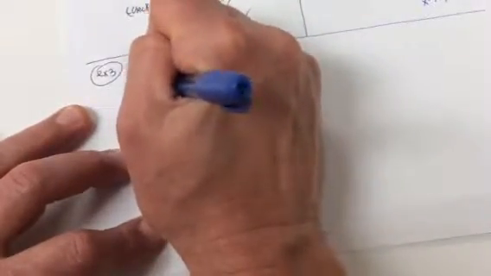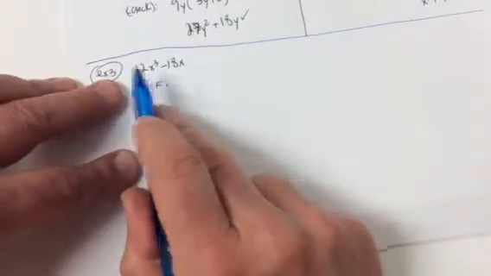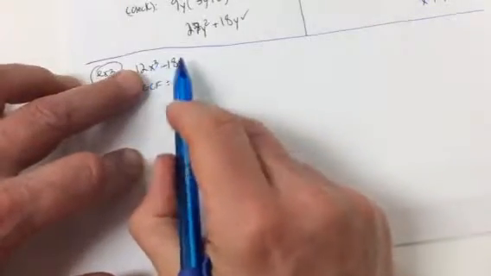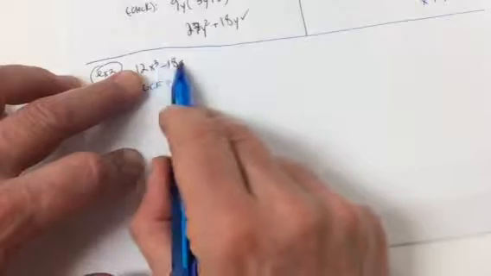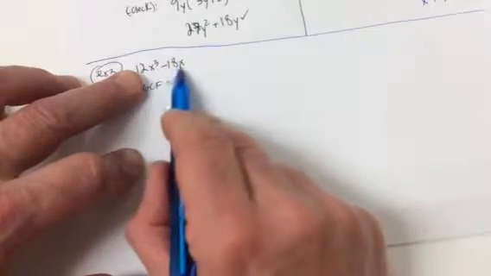We always need to look for a GCF first. We have 12 and 18. The largest number that goes into both is going to be 6. We have x cubed and x, so they both have an x. We look for the smallest exponent on that variable, so it's going to be x, so 6x is going to be our GCF.